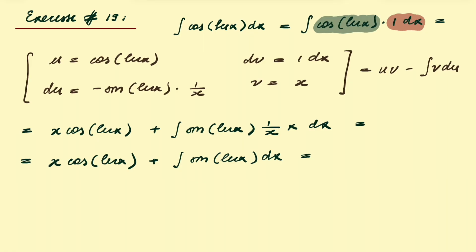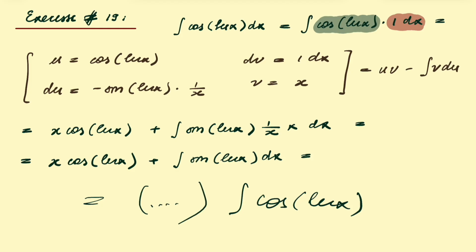Now I believe experienced ones already got the idea that if you have sine of ln of x, this is the same structure as cosine of ln of x up to the differentiation. So we can apply the same process, and we'll get again something with an integral of cosine of ln of x, and then we'll have some things here.